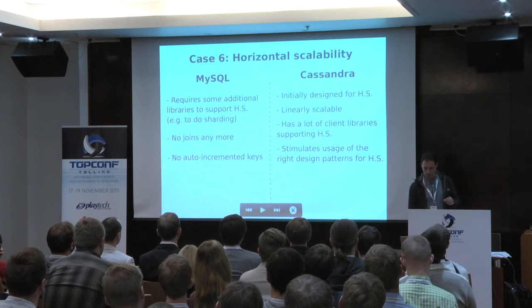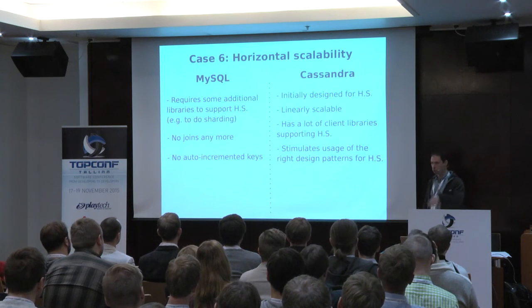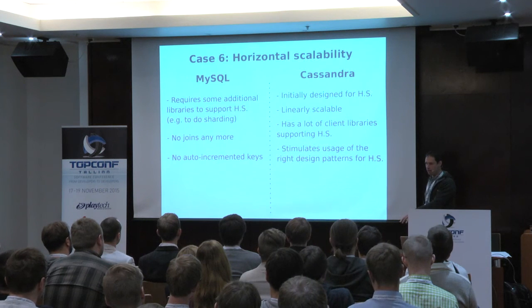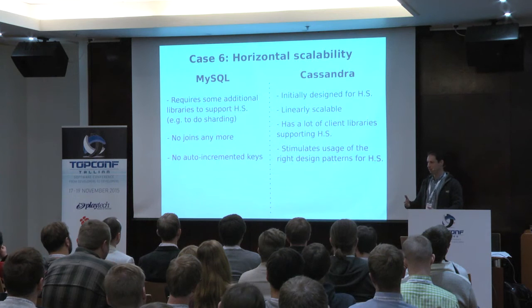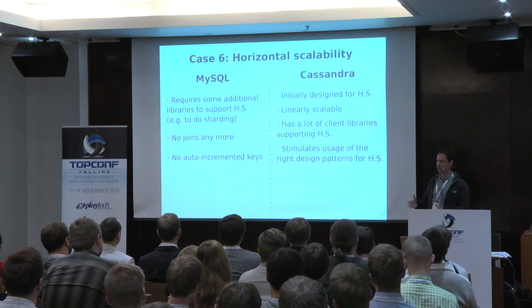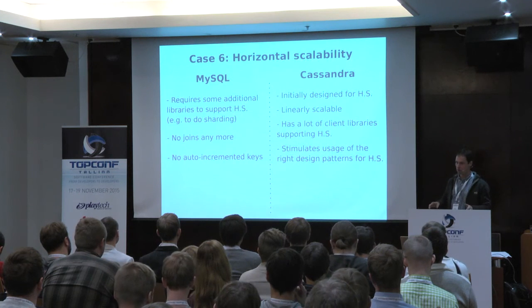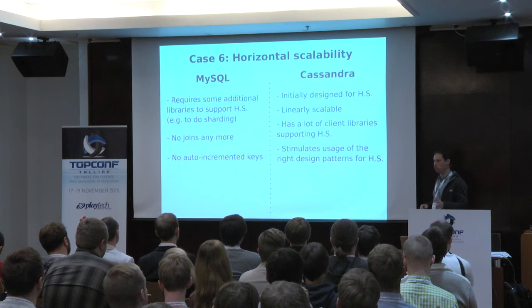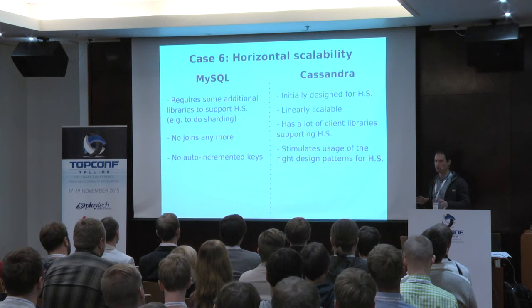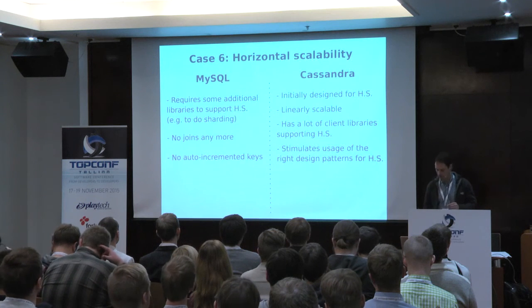And the same thing with auto-incremented keys. You have multiple nodes, one node can die at some point in time, and your auto-incrementing mechanism is not centralized anymore, and you have to think about how to overcome this. It's possible. There are highly loaded systems which successfully do that, but people should have enough expertise there.